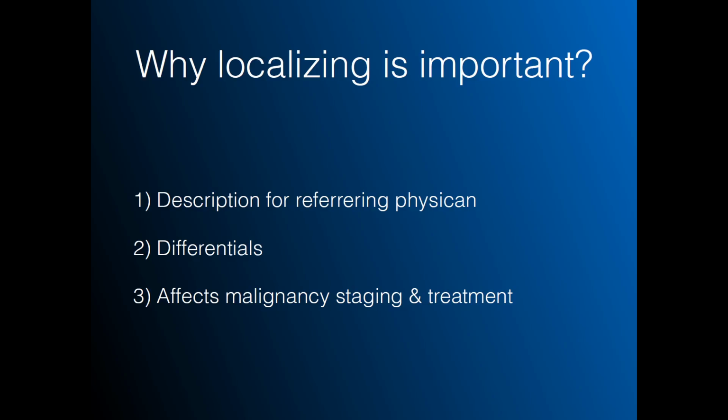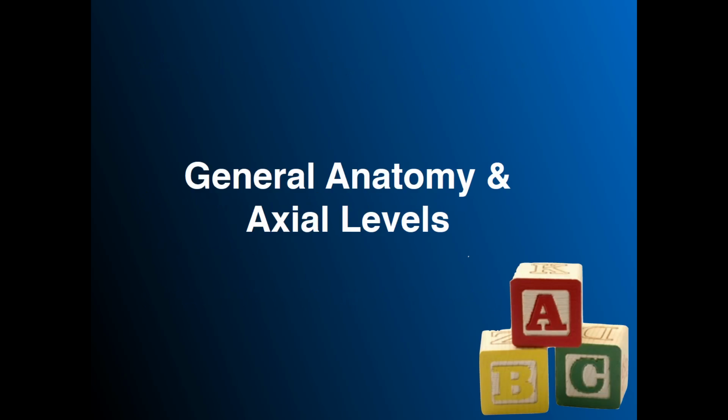If you know the space, then there are a limited number of differentials in the space. And finally, in terms of malignancy, knowing your spaces and knowing where the malignancy spreads outside the space really helps with tumour staging and makes your reports a lot more sophisticated for the referring physician who's going to operate on that patient or stage that patient and decide whether the patient's operable or not.